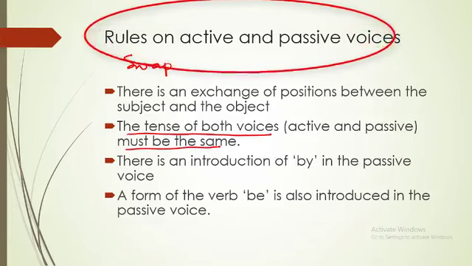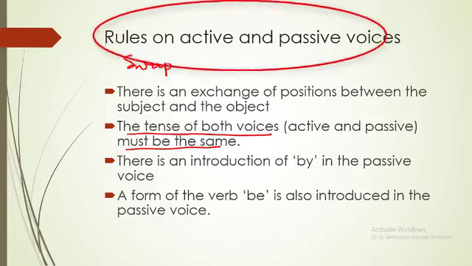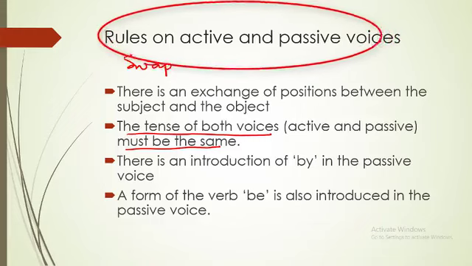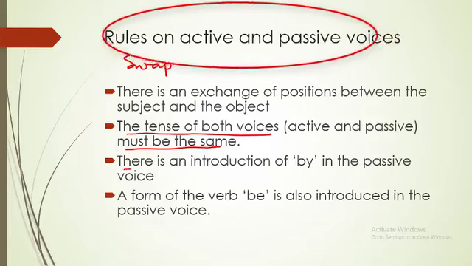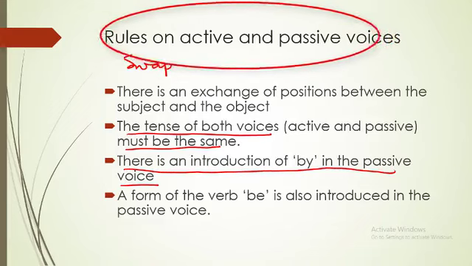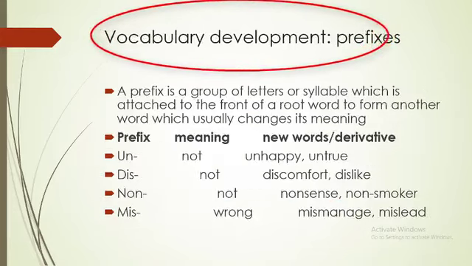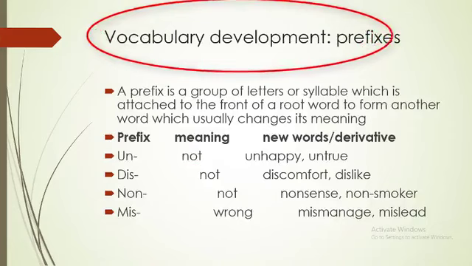So you check the tense, which is the time the action was performed. Is it present, past, or future? Then one of the things you need to know is that a form of the verb to be is also introduced in the passive voice. So that is that.